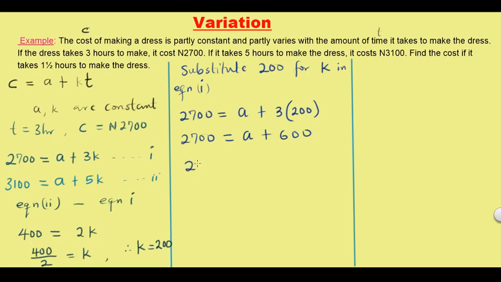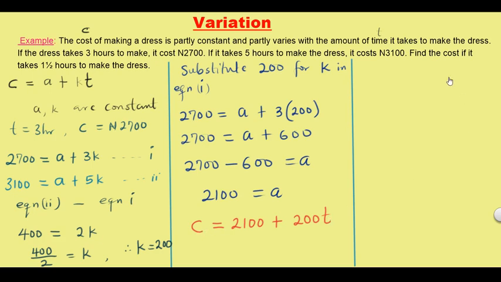So from here we have 2,700 minus 600 equals A. That will be 2,100 equals A. Hence, the relationship between C and T, that is the cost and time, will now become C equals the value of A, that's 2,100, plus the value of k, 200, multiplied by T, 200T.